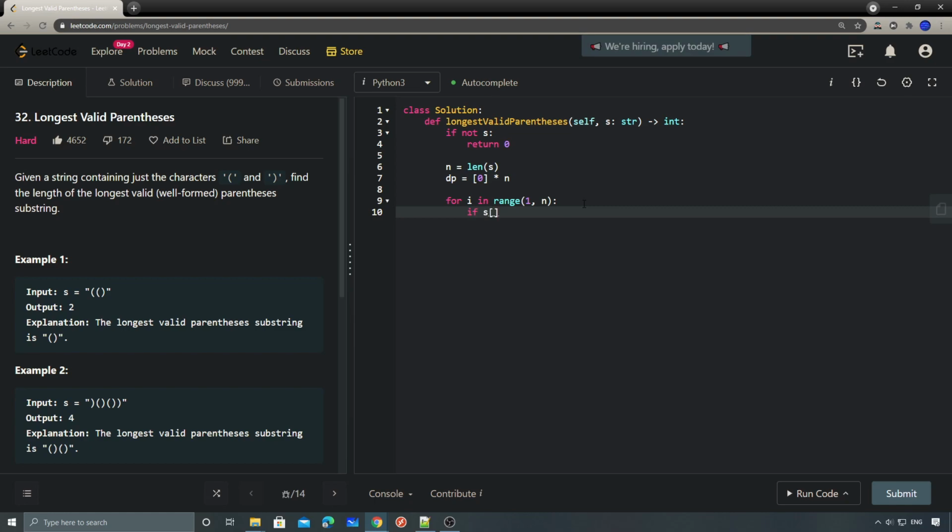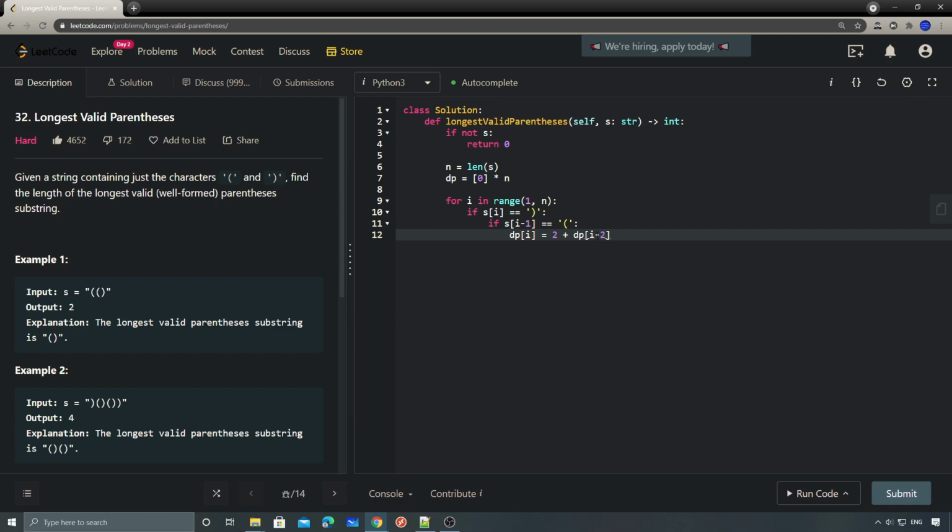Like I said, if s[i] is equal to the right parenthesis, this is the only case where we could possibly get a valid pair. The first case is if s[i-1] is equal to the left parenthesis. This is the easier case. Here it's simply dp[i] equals 2 plus dp[i-2].